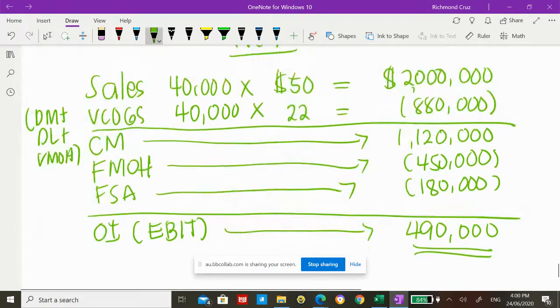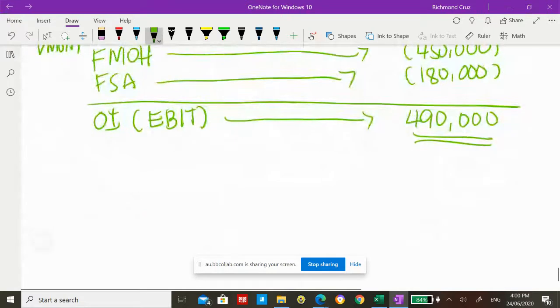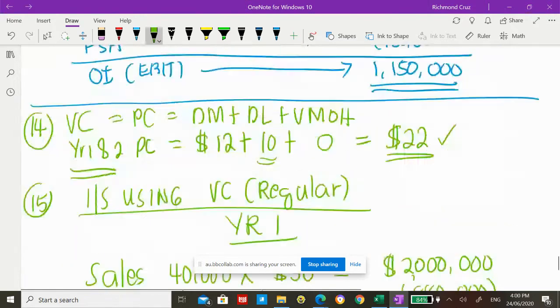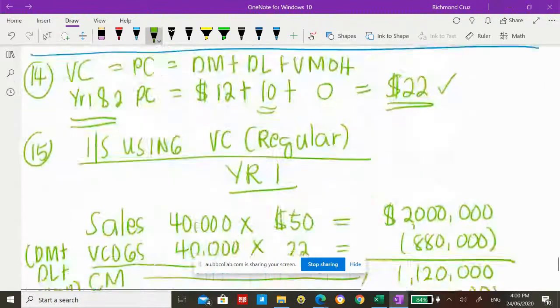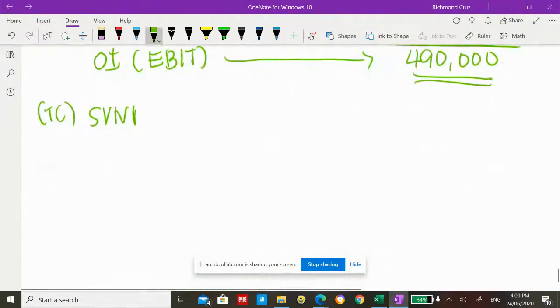Now, how are we going to reconcile? So that is from super variable. So we have super variable net income, which is also the throughput costing. Our super variable net income for year one is 390,000.